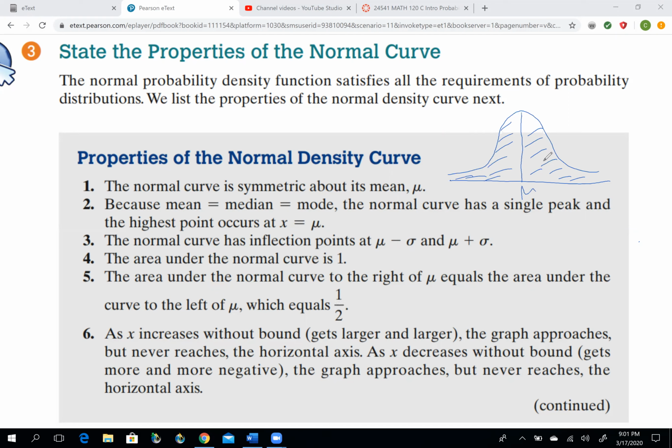So this area is equal to this area, so this is 1/2 and this is 1/2, and 1/2 plus 1/2 is equal to 1.